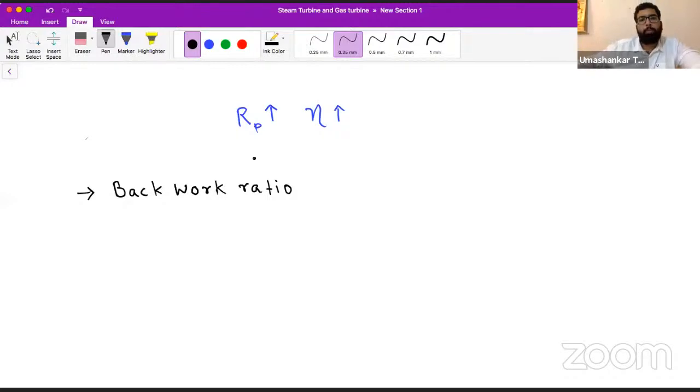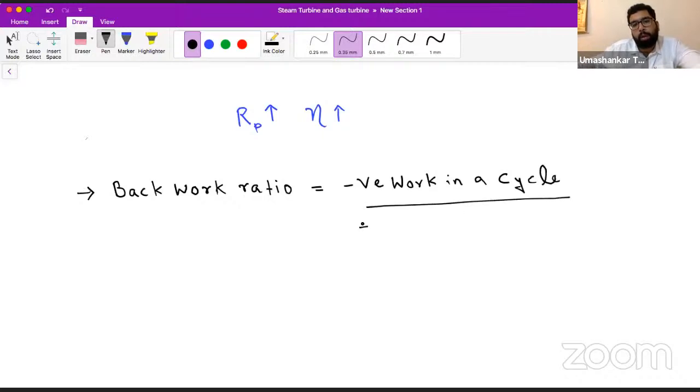Okay. So there is a term called back work ratio. It is defined as negative work in a cycle upon positive work in a cycle.